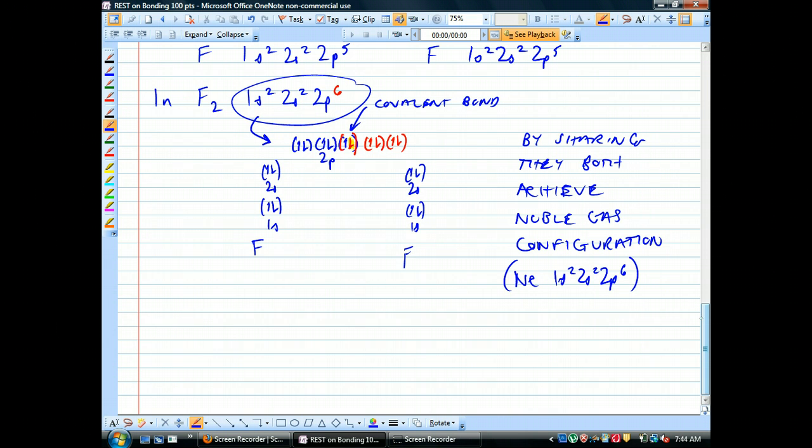But what about larger atoms? And we're talking about n equals 3 plus here. So when they have a higher principal energy level than 2, what happens? Remember that principal energy level 3 can hold 18 electrons.